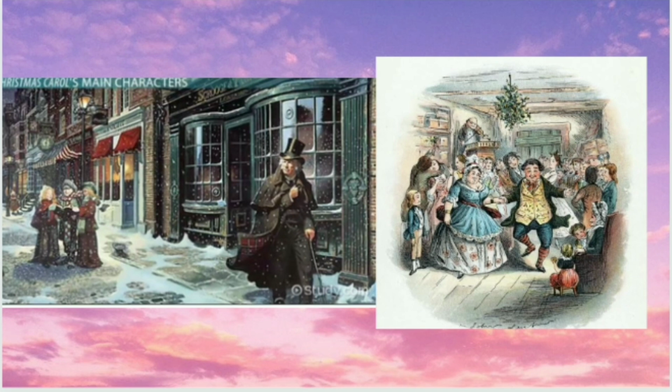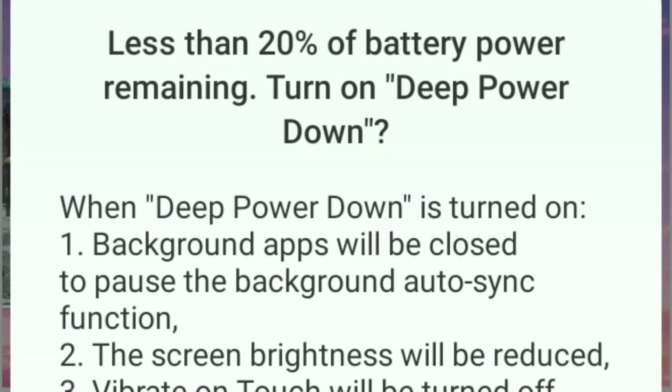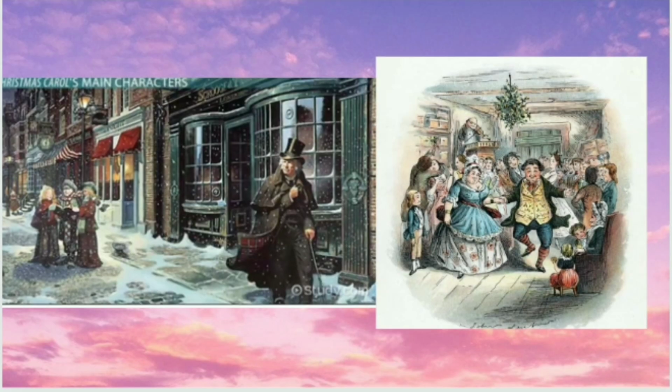Cratchit can't believe his own ears and he thinks that his boss has taken leave of his senses and seriously considers calling people for help. Scrooge promised Bob Cratchit to take all the responsibility of Tiny Tim's treatment for his suffering.